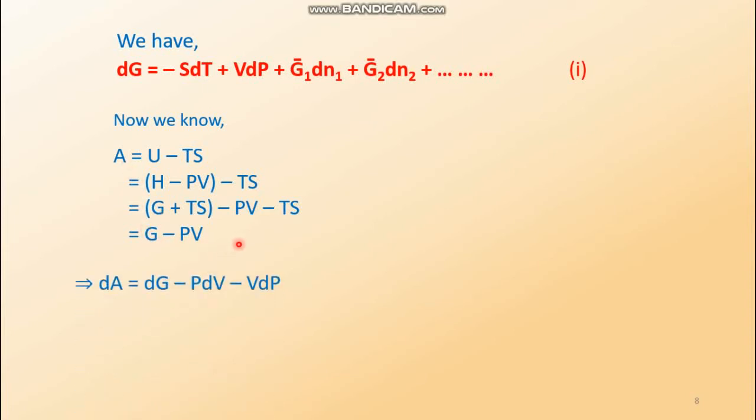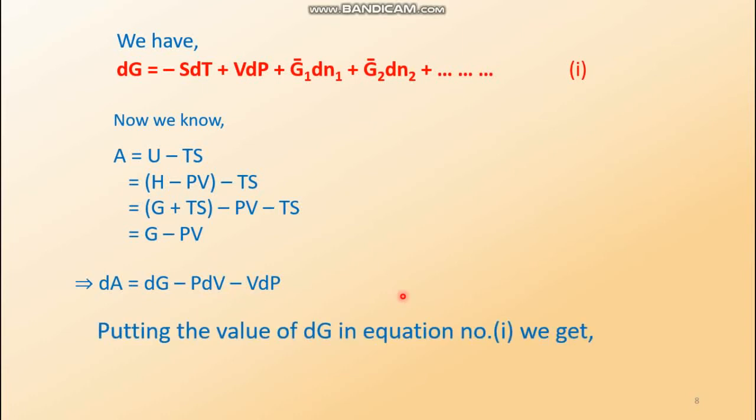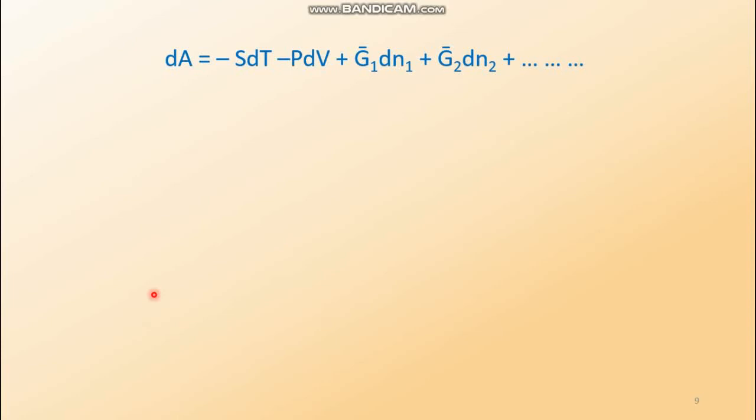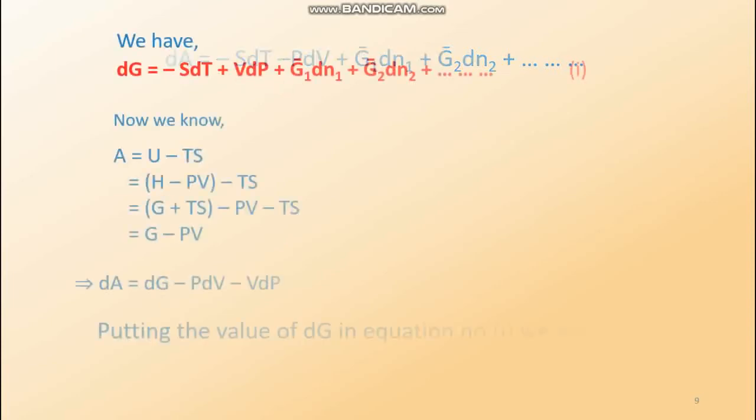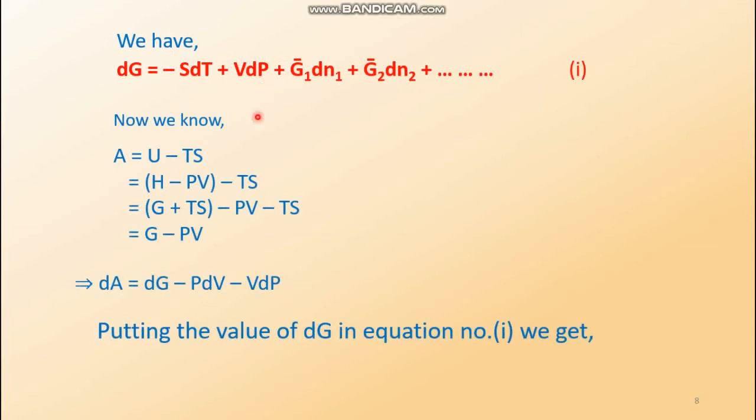Now if the derivative of A is taken on the left hand side, then the derivative of the right hand side should be dG minus PdV minus VdP. Now dG has the expression on the right hand side of equation 1, and this value must be put here. So we have put the value of dG from equation 1, and here the minus VdP cancels the plus VdP.